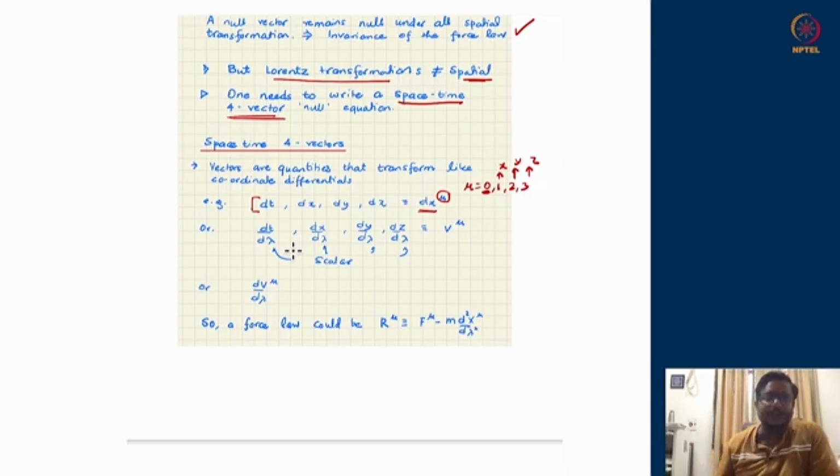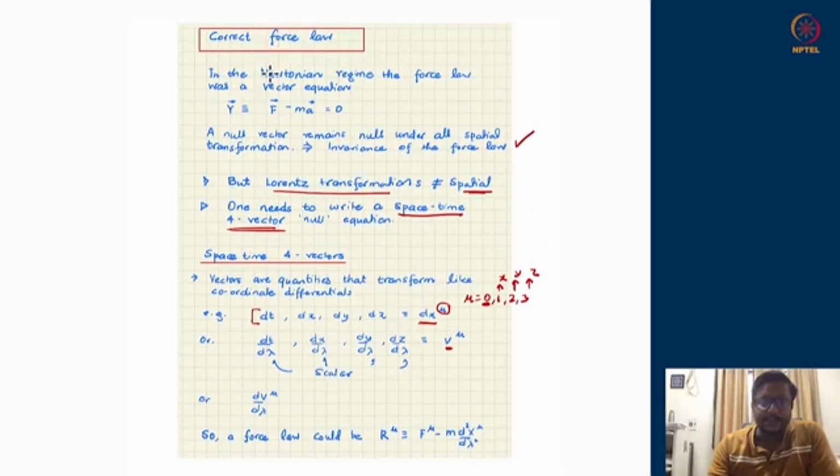So I can define a 4-dimensional velocity, which is not the derivative of the coordinate differential with respect to time. Previously, in Galilean transformation, we were doing exactly the same thing. We were saying that dx upon dt, dy upon dt, dz upon dt were the velocities, because in the Galilean transformation, dt was a scalar, it was not changing under transformation.